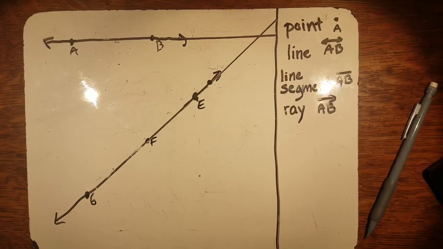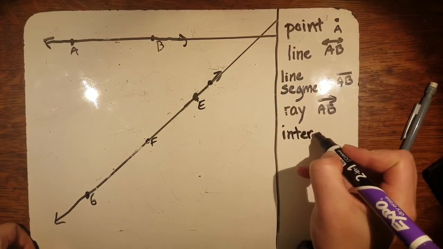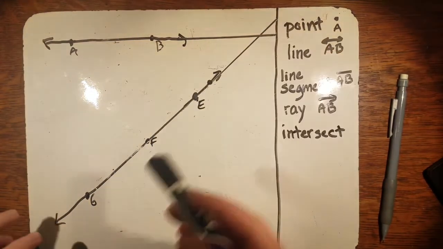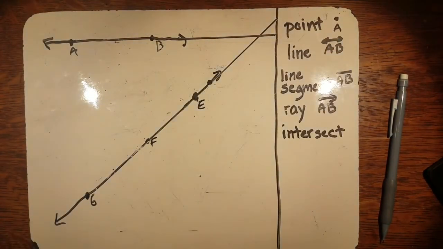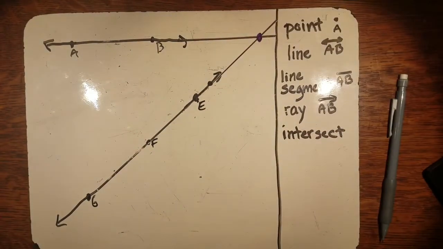So when we have two lines that intersect, and actually I'll put that vocab down too, which means crisscross, the point where they cross, right here, has some vocab too.